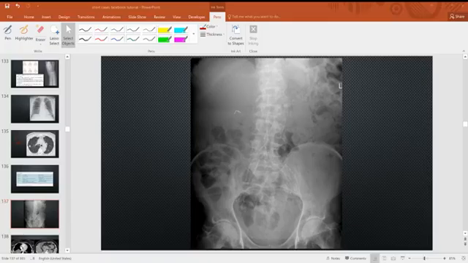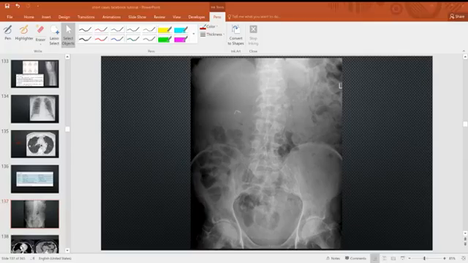Okay, what do you see in that abdomen X-ray? Left renal stone, someone wrote. Aortic.